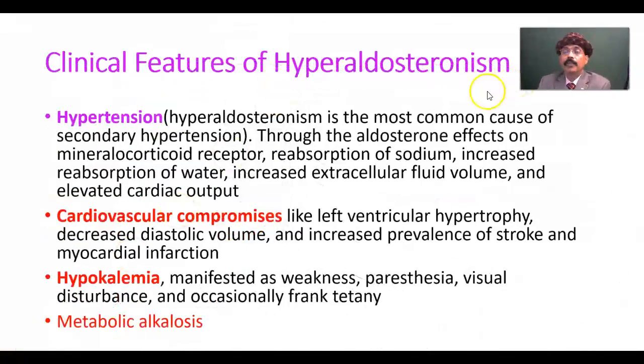Clinical features of hyperaldosteronism. Hypertension: hyperaldosteronism is the most common cause of secondary hypertension. Through the aldosterone effect on the mineralocorticoid receptor, there is reabsorption of sodium, increased reabsorption of water, increased extracellular fluid volume, and elevated cardiac output.